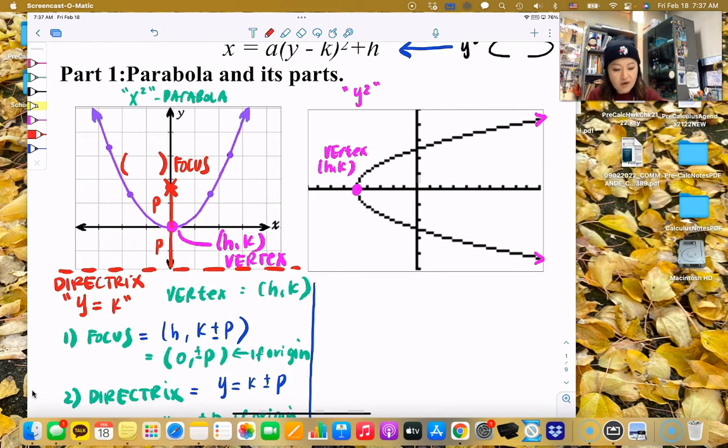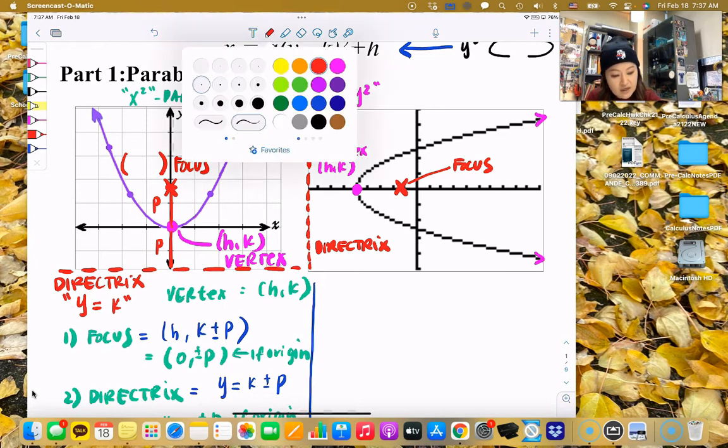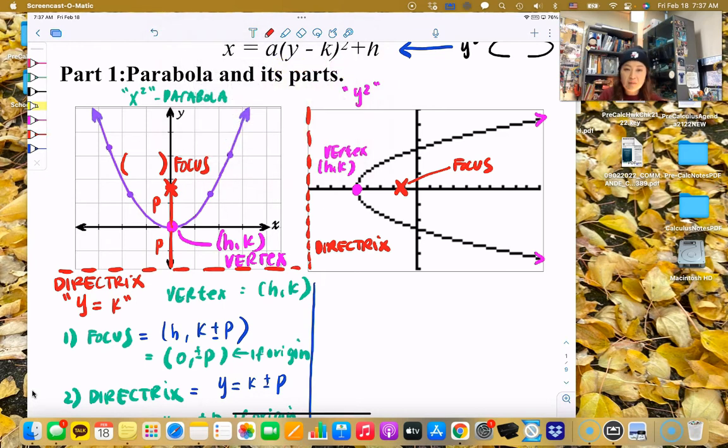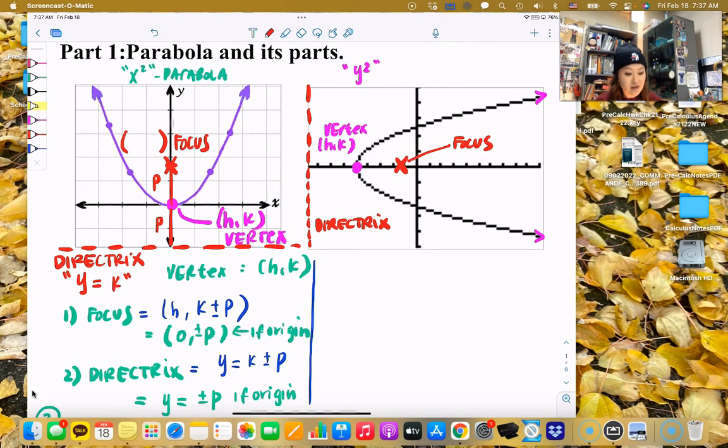And what about this guy here? That's the focus. And what's behind it? It's your directrix, your fixed line, your fixed directrix. I know you're getting annoyed because my marker is so thick, so I'll make it thinner.